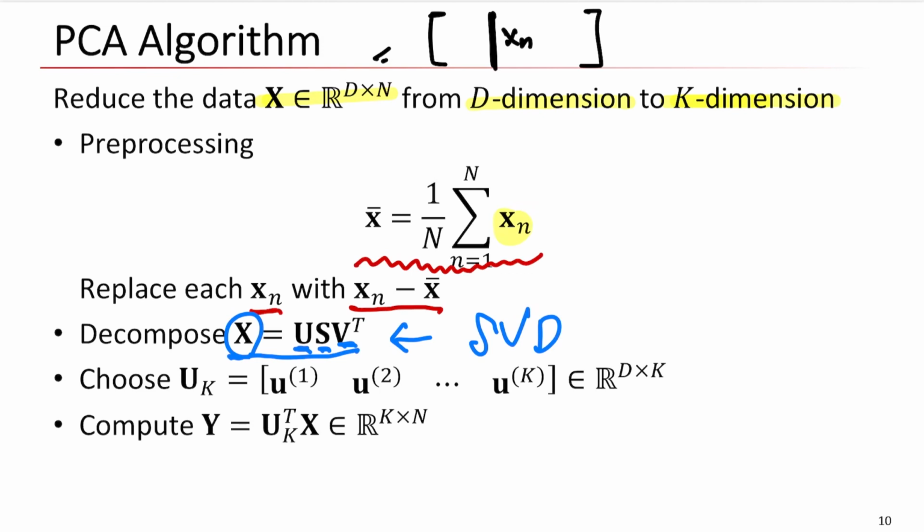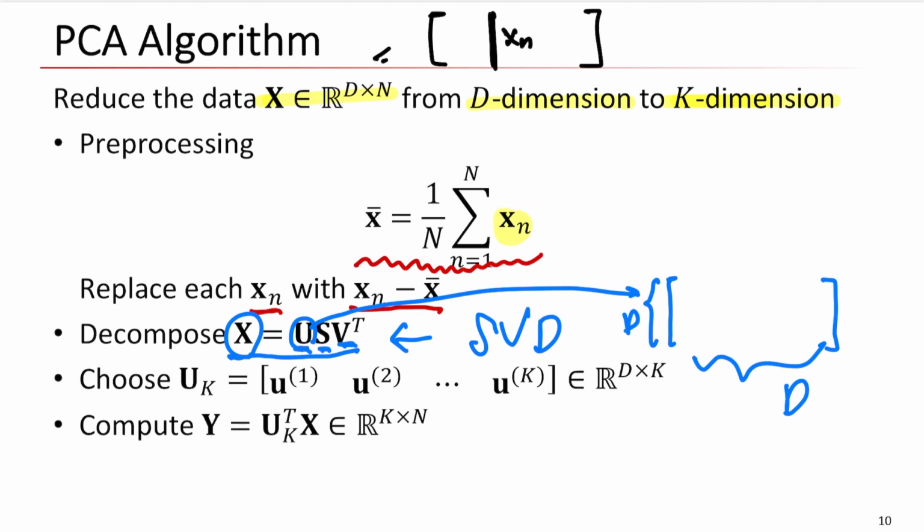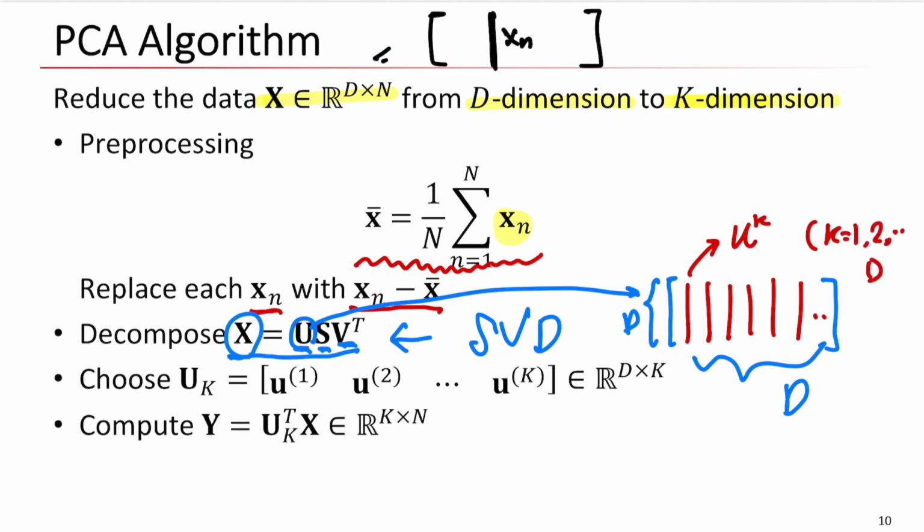The U matrix is T by T, consisting of the columns uk, for k from 1 through T.